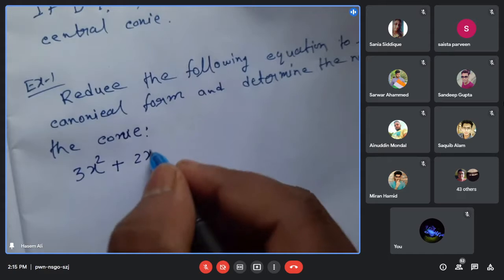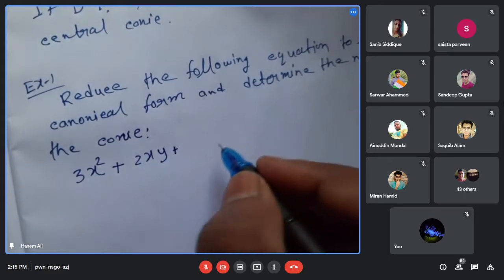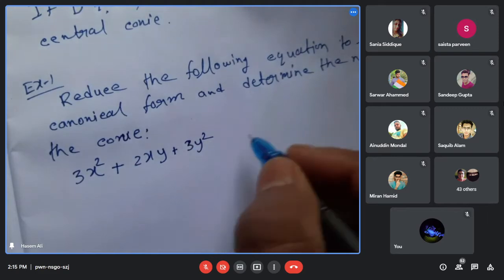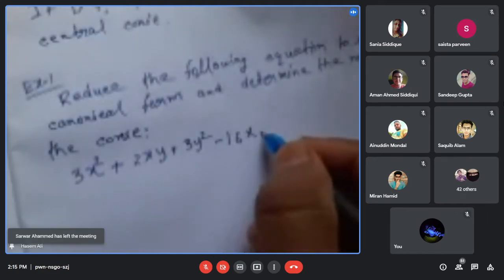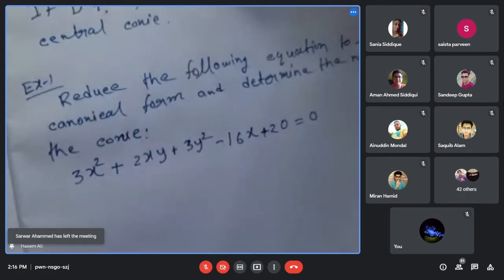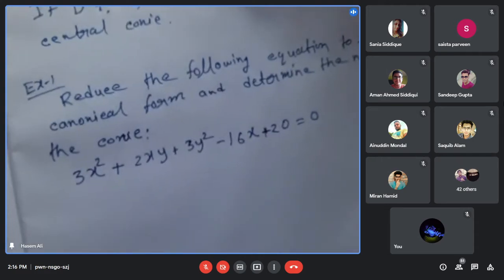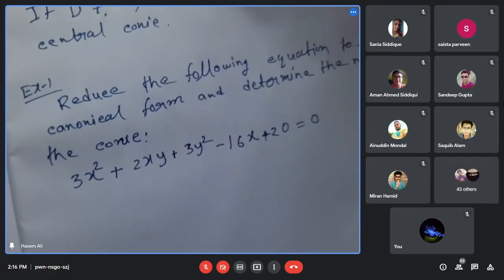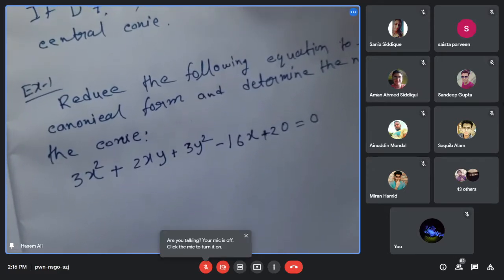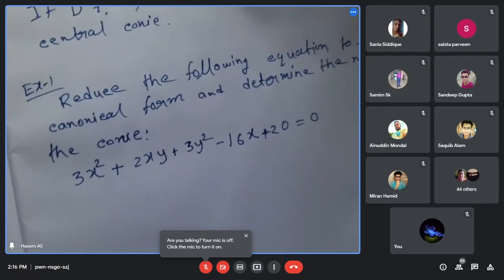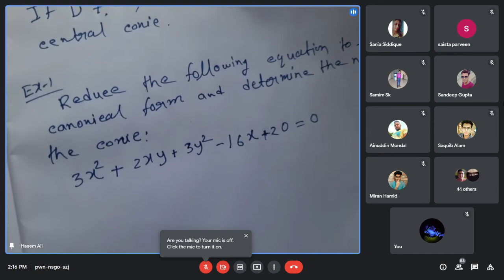3x square plus 2xy plus 3y square minus 16x plus 20 equals 0. এটা কিসের ইকুয়েশন বলো? কেউ বলতে পারবে কিছু? Any idea?